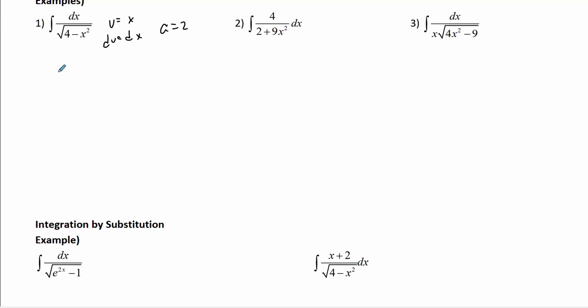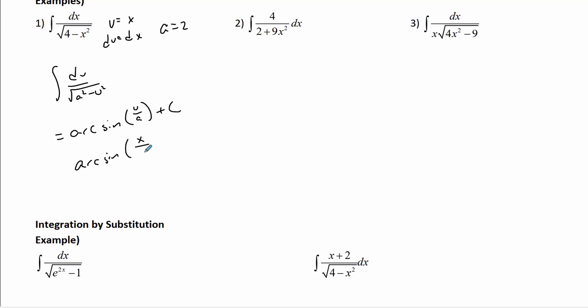So this is really the integral of du over the square root of a squared minus u squared, which is the same as the arc sine of u over a plus c. But in this case, u is x and a is 2, plus c. So that's one way to do it here.